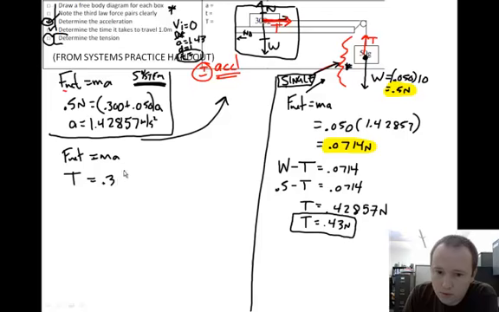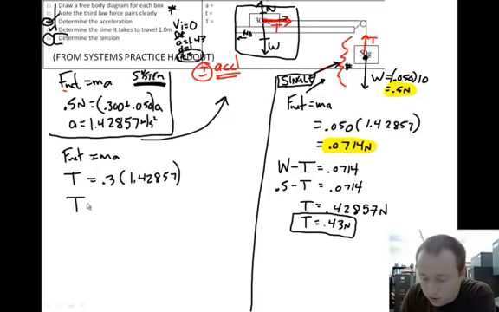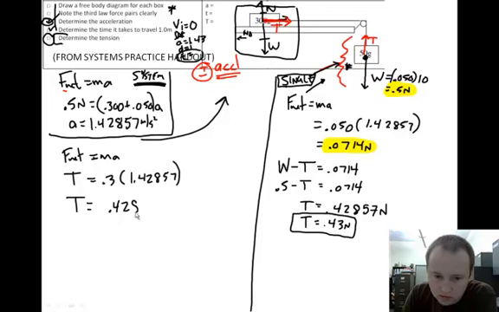Mass is 0.3, acceleration is 1.42857. Solve for my tension and I get 0.42857 newtons, which when I round is 0.43 newtons.